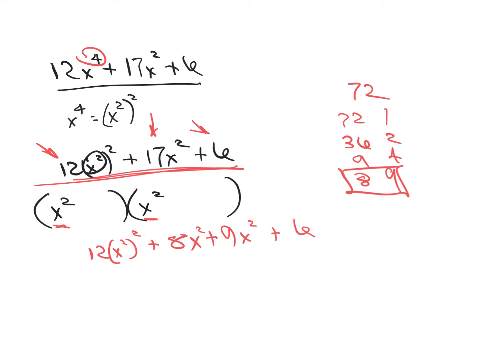All right, notice that I have x squared there and x squared there, because when I add these together, remember, when you add terms with exponents, you only add the coefficient, the number in front of the exponent. So when I add these, I'm going to get 17x squared. So I have to write it so that I can get that. All right, so let's go ahead and put this in parentheses and this in parentheses and see what we get.